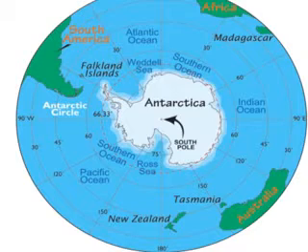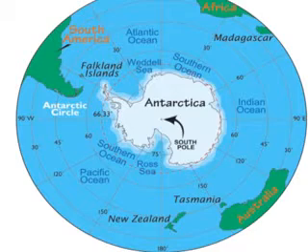So you can see here, around the Antarctica continent is the Southern Ocean, and the Indian Ocean is on the west side. On the east side, the Falkland Islands are there. The Southern Ocean and the Ross Sea are there.